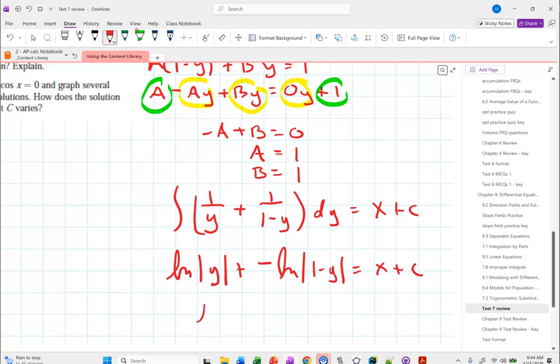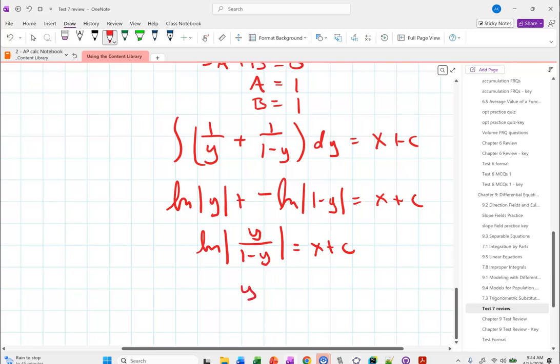I'm going to compress these logarithms. So if I have subtraction outside my logarithms, I can compress them together into division inside the logarithm. And then we'll do the e to the both sides.